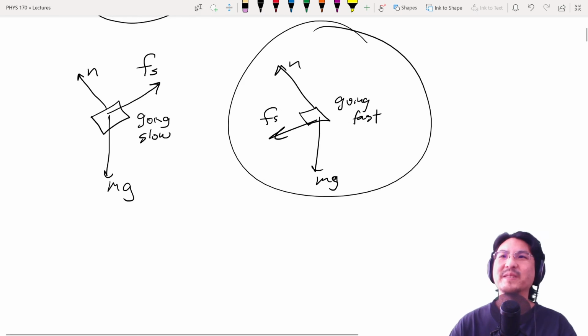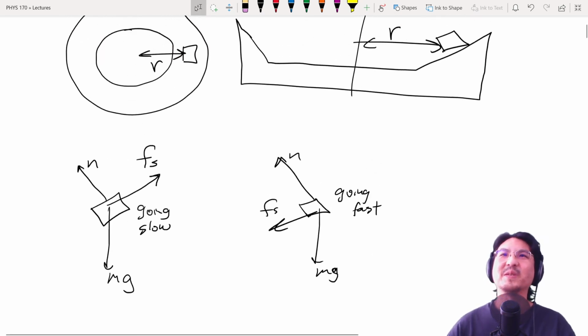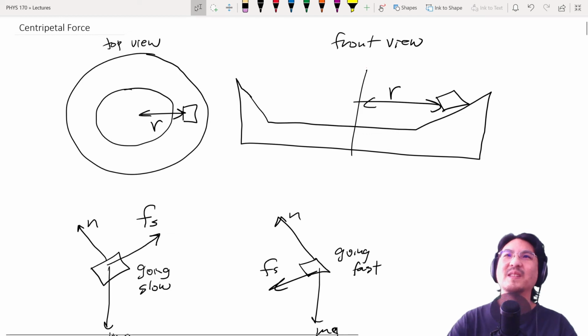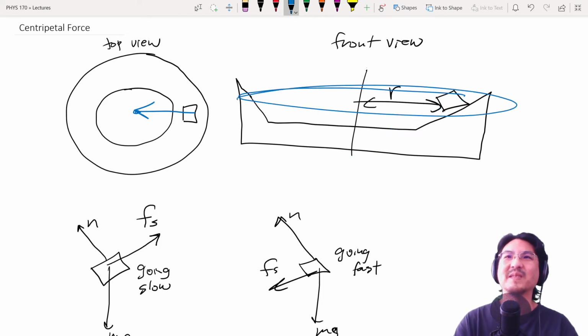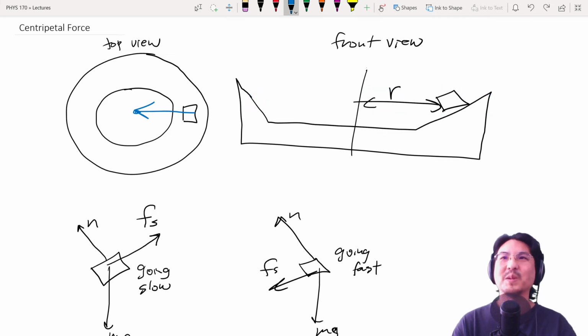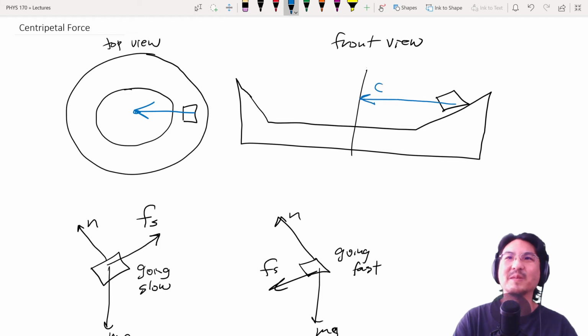Okay, which way is centripetal? Because you're going in a circle, if we look from the top view, centripetal is definitely toward the center of the circle here. This way is centripetal. Which way is centripetal on the front view? This way? That's not right, you're going in a circle. The circle looks like this, so centripetal is this way.